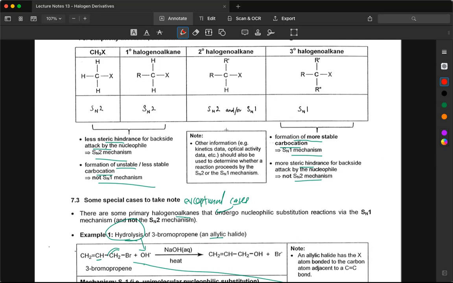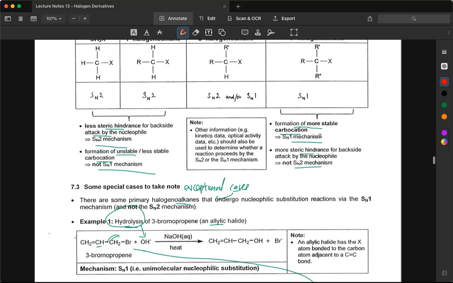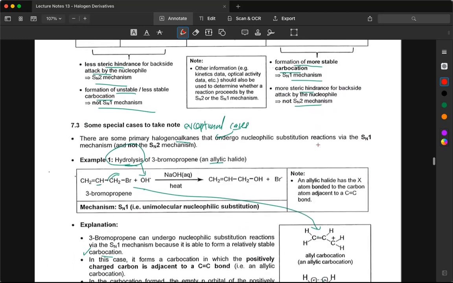As for the secondary, we will need more information like kinetics data and optical activity data to determine whether this reaction is SN1 or SN2. As for the tertiary halogenoalkane, it is clear-cut SN1 because of the formation of a more stable cation due to the electron donating groups bonded to the carbon. And also, there is more steric hindrance for backside attack. So SN2 cannot occur. The carbocation is more stable, so it's SN1.